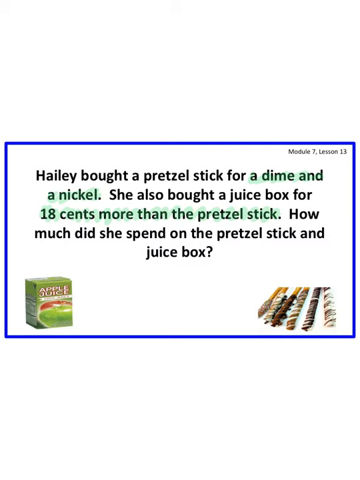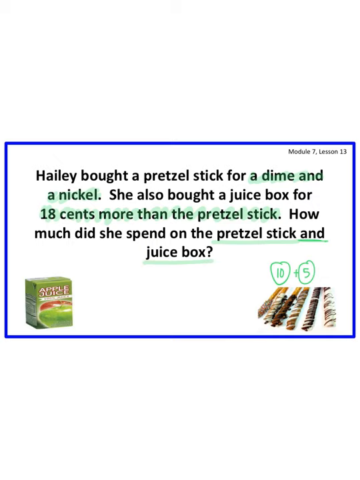And the question is, how much did she spend on the pretzel stick and the juice box? So how much did she spend on both things that she ate that day? So remember, the pretzel stick was a dime and a nickel.